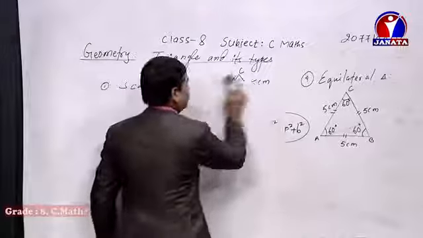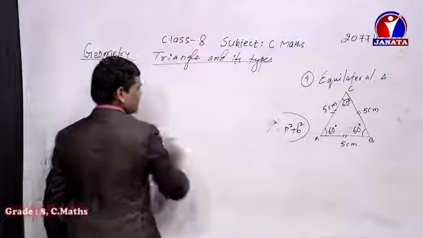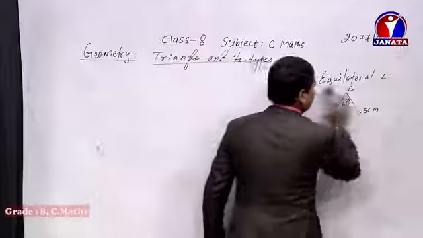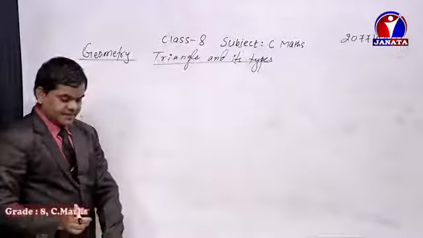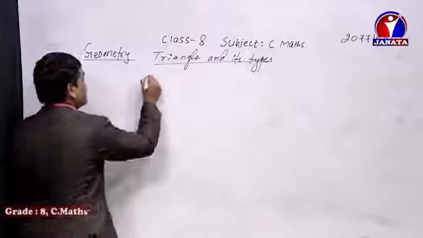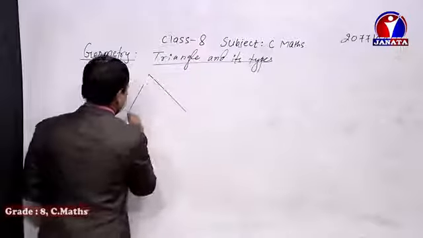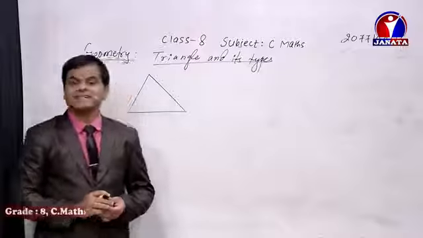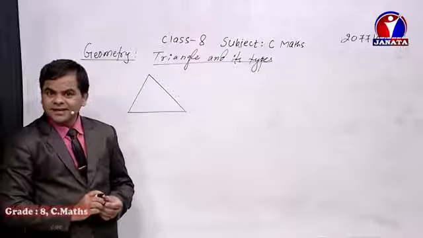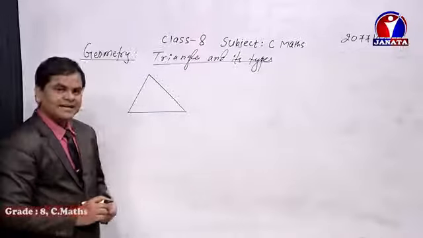Now in case of geometry, dear friends, the knowledge which you have got in class 7 as well as class 6 is: any type of triangle, whether bigger or smaller, what will be the measurement of the sum of all three angles? It will be 180 degree.